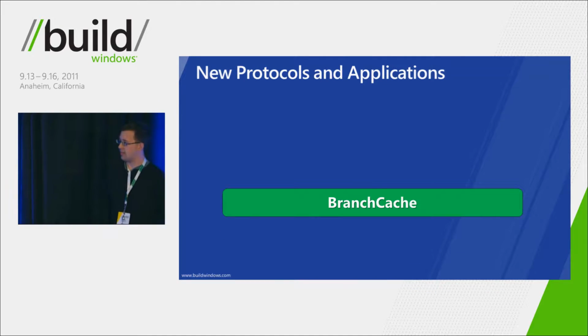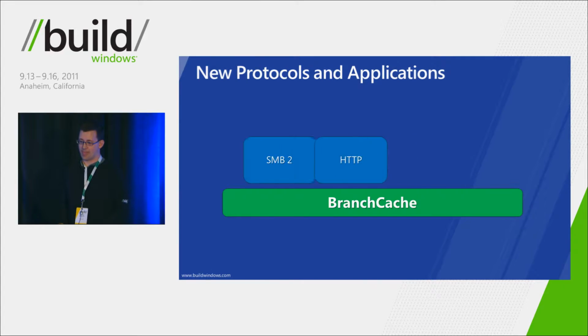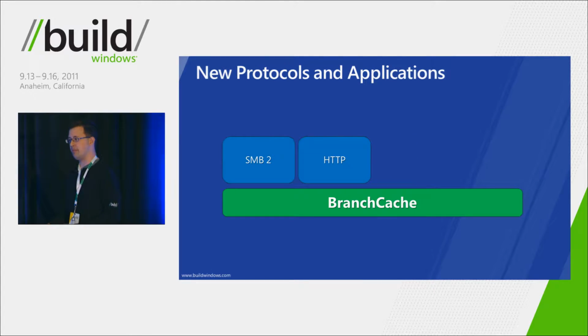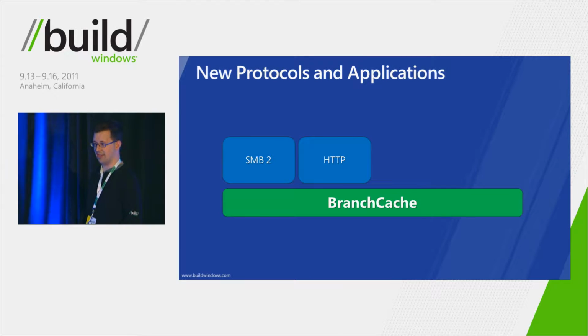BranchCache itself is not a platform that's generally aware of what protocols or applications it's optimizing. BranchCache is meant to be very generic. It lets you optimize many different kinds of protocols and many different kinds of data. We've used this underlying platform and hooked in our SMB and HTTP protocols so that they see some of the optimizations you just saw in that demo.